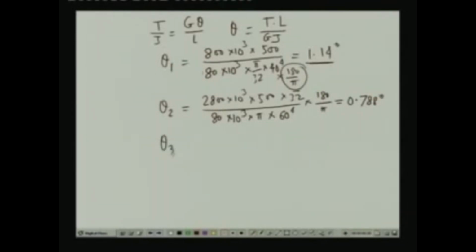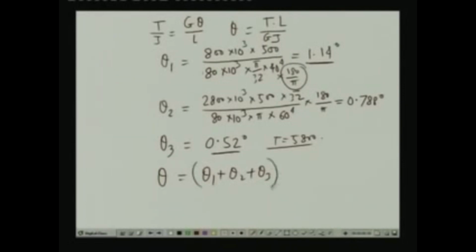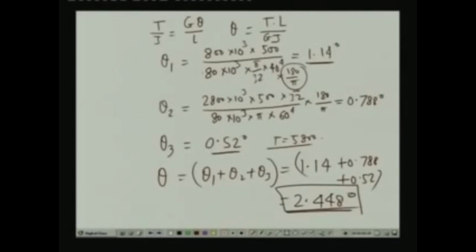And likewise for the third segment, theta 3, we get this value as 0.52 degree if we take T as equal to 5800 Newton meter. So, the total rotation theta is equal to theta 1 plus theta 2 plus theta 3, because all twisting moments are in the same sense. So, this eventually comes as 1.14 plus 0.788 plus 0.52 degree, and this is equal to 2.448 degree. So, this is the angle of rotation because of the twisting moment acting in the non-uniform section.